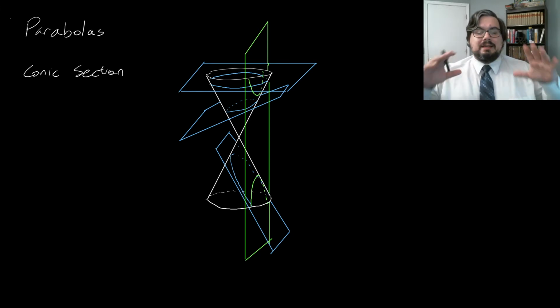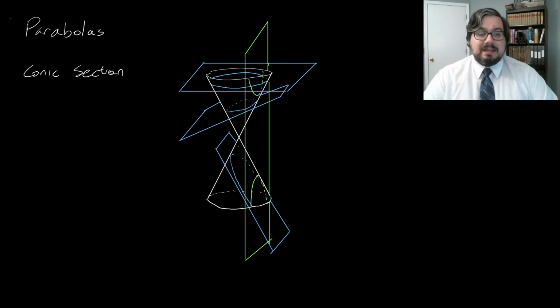So just by taking this two-sided cone and intersecting it with a bunch of different planes, we get a bunch of different kinds of curves. And the basic ones that we are most familiar with are circles, ellipses, parabolas, and hyperbolas.